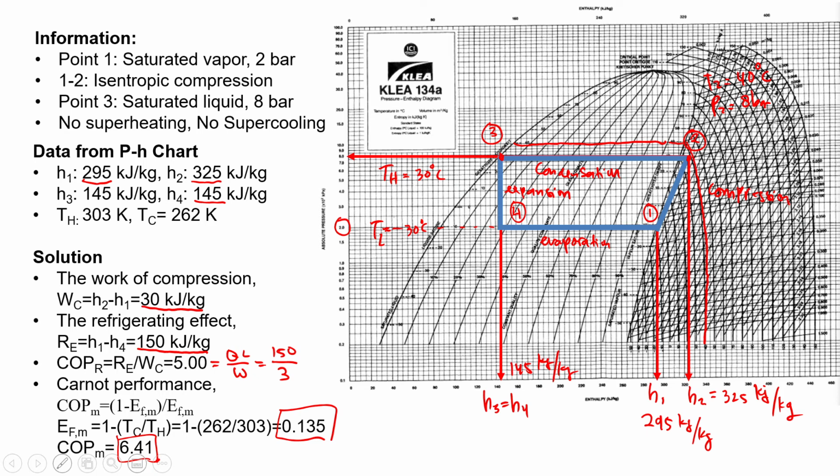When I have a higher COP in refrigeration, it means that with the same amount of work, I can send out more heat. Because when you have a COP equal to 5, it means that for every kilowatt of work I provide, I will be able to send out heat of 5 times the work I bring in. That is the definition.